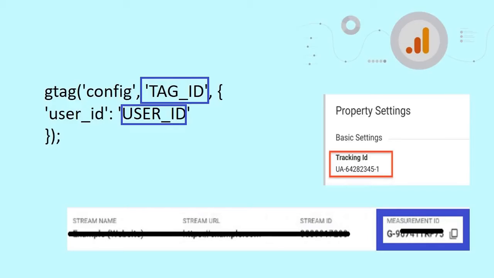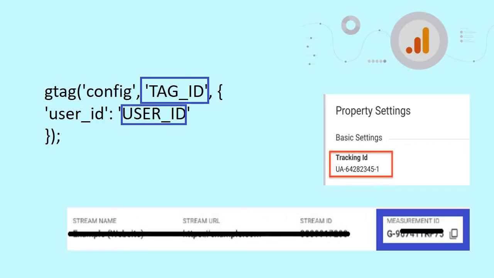And if you are using Universal Analytics, you will need to place the tracking ID from Universal Analytics in place of tag_ID. You will also need to replace user ID with the user IDs that you have assigned to site users with their username or email address.